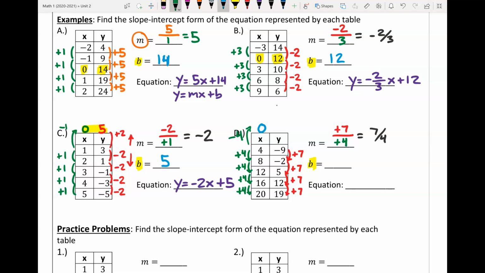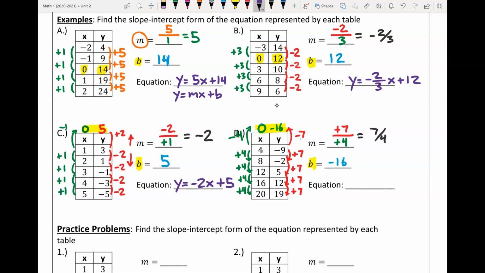And on the y side, I'm going to be minusing 7 because I'm going backwards. So 4 minus 4 is 0, so I'm getting back to 0. And then negative 9 minus 7, which should give me negative 16. And so there is now my y-intercept, and I have negative 16 as my y-intercept.